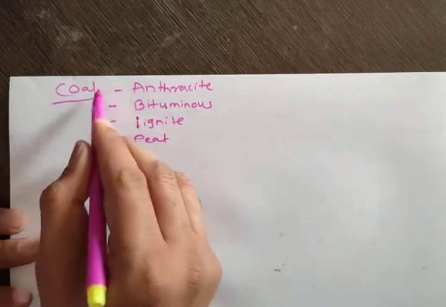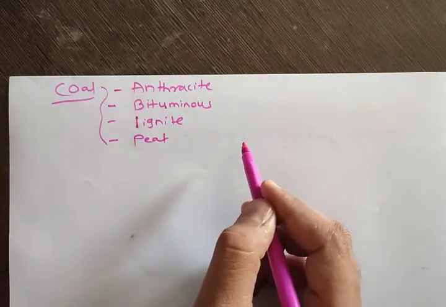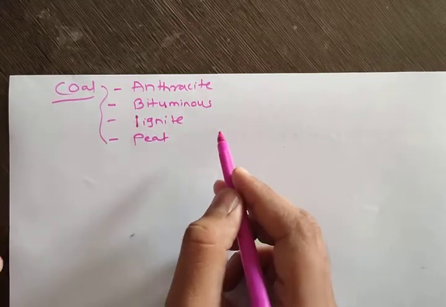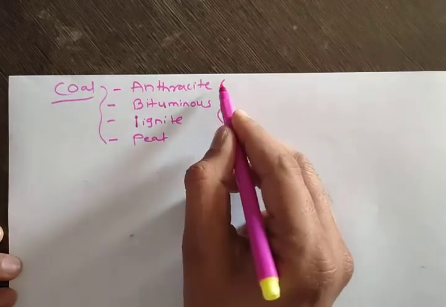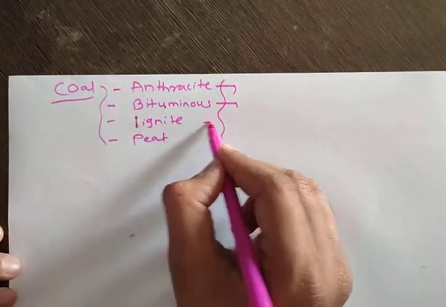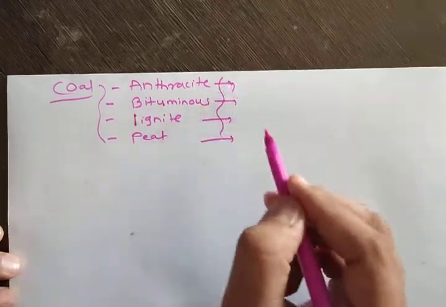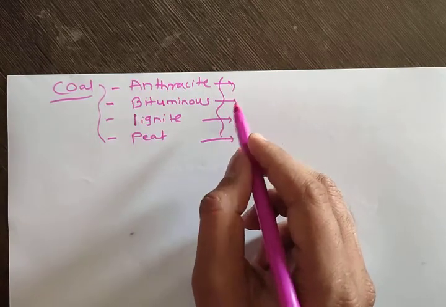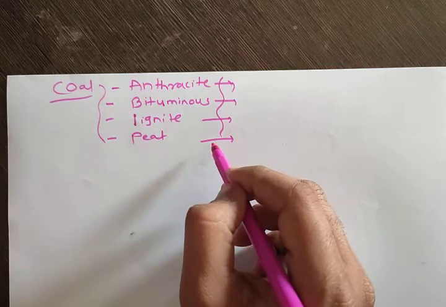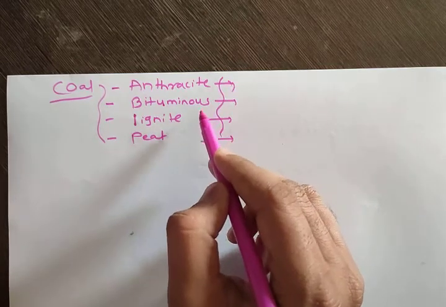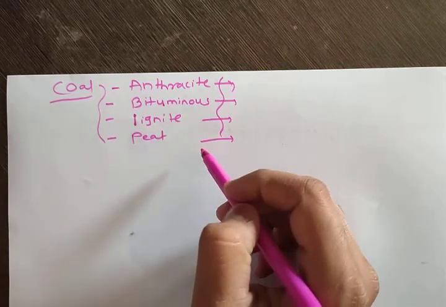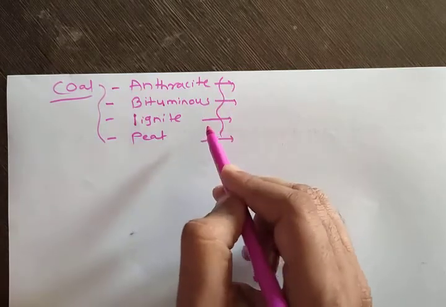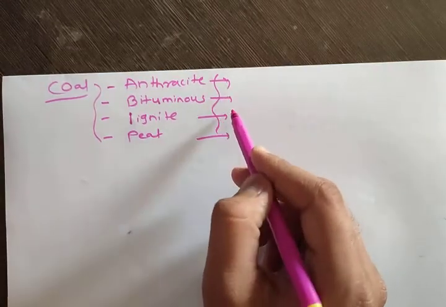These are the 4 types of coal, and these types exist because of the different amounts of carbon present in them. How much percentage of carbon is present in each is not given, but in anthracite, bituminous, lignite and peat, different amounts of carbon are present. Therefore they are categorized.